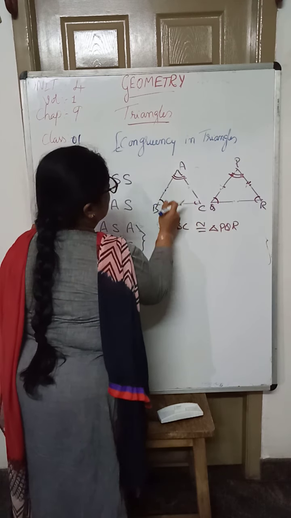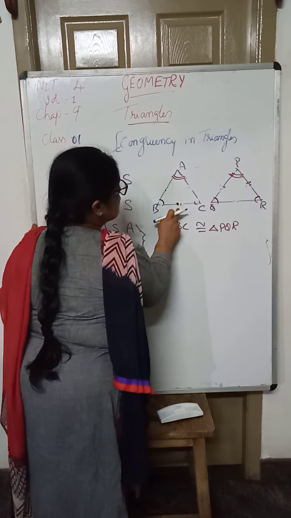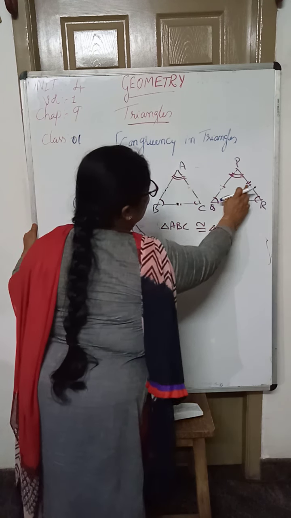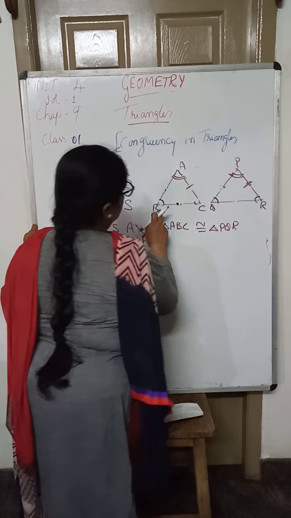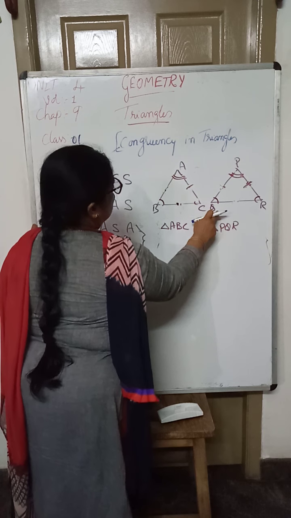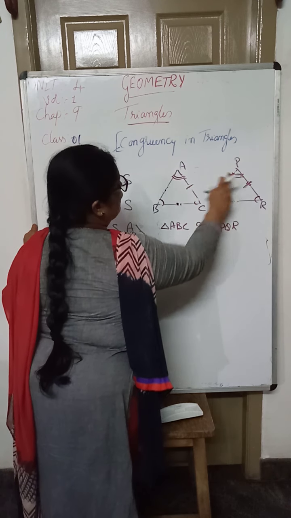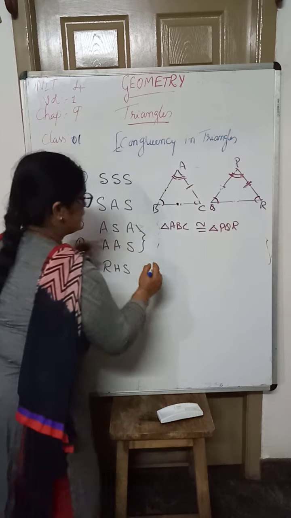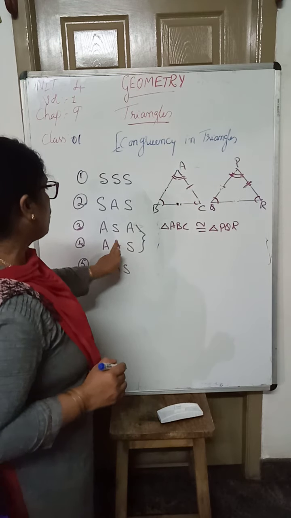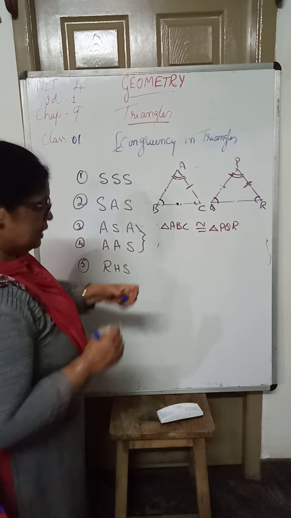It has to be separate. Either it has to be BC or AC, here also this or this. So angle B is equal to angle Q, angle A is equal to angle P and side AC is equal to side PR. Then these two triangles are congruent according to AAS.